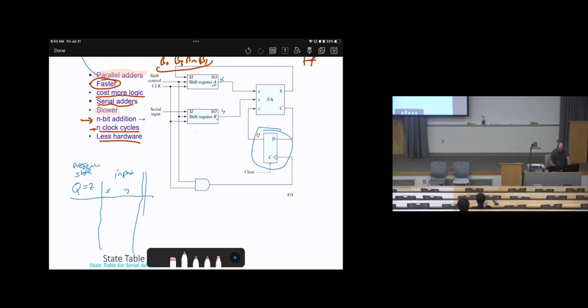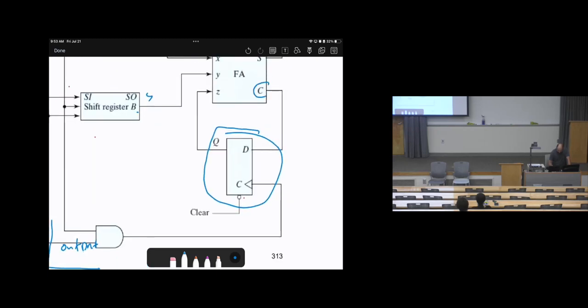Then we have the next states and outputs, right? You agree? Okay, what's the next state? The next state is Q star, which is the same as the carry bits.